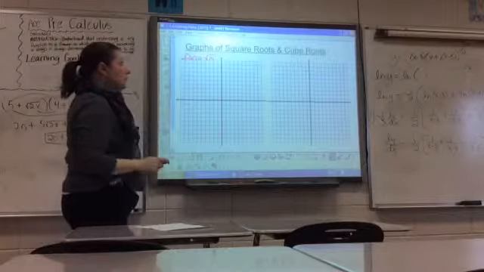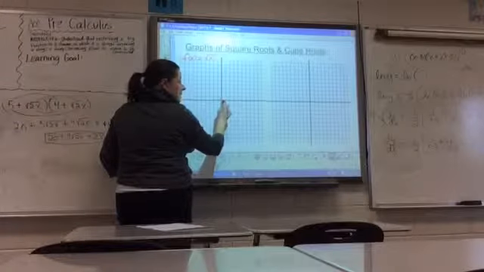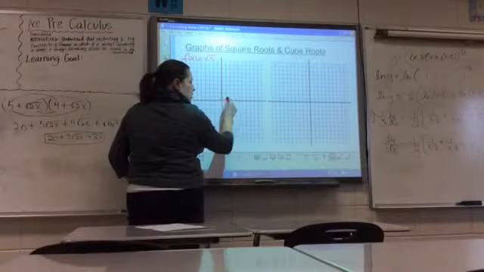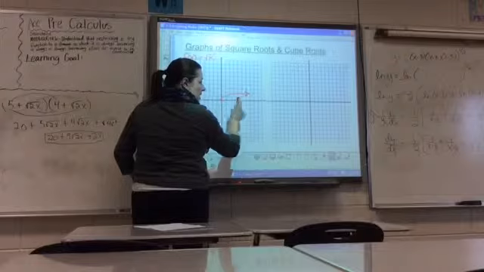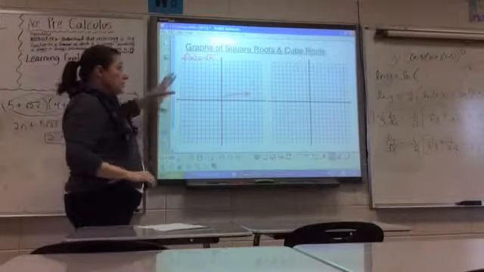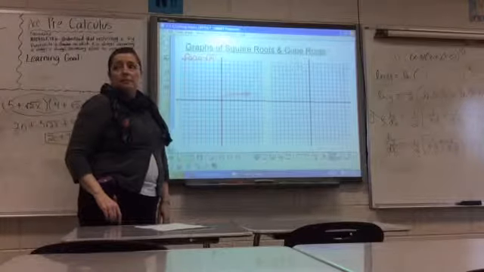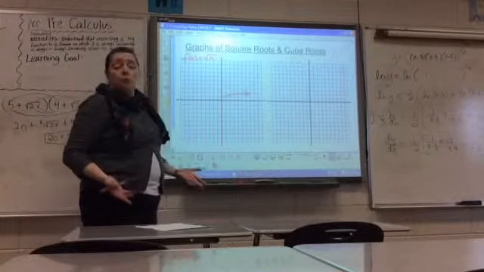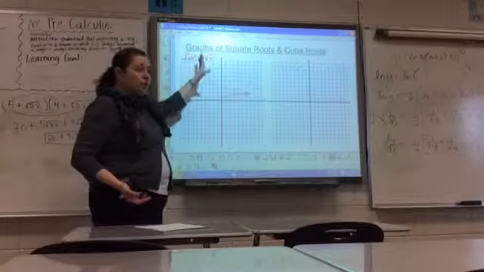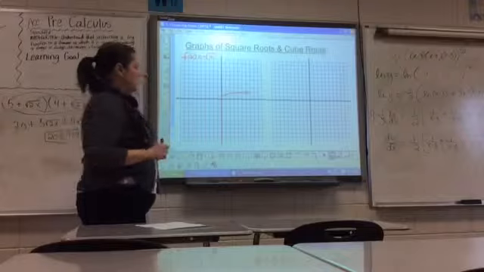Now, this picture starts here with a dot, and it opens up about 2 as it levels off, like something like that. That's what the square root of x looks like. Now, we could shift or reflect or do things with it, but this is the basic graph for square root of x.